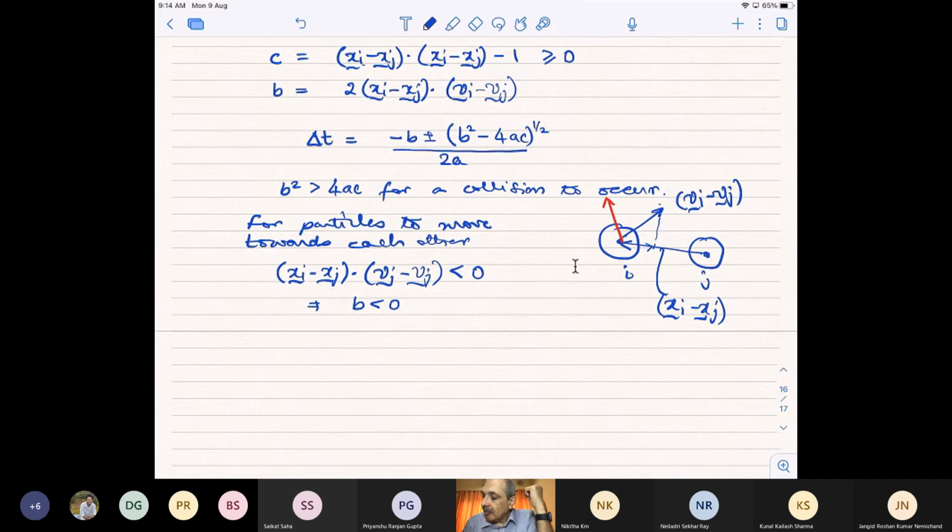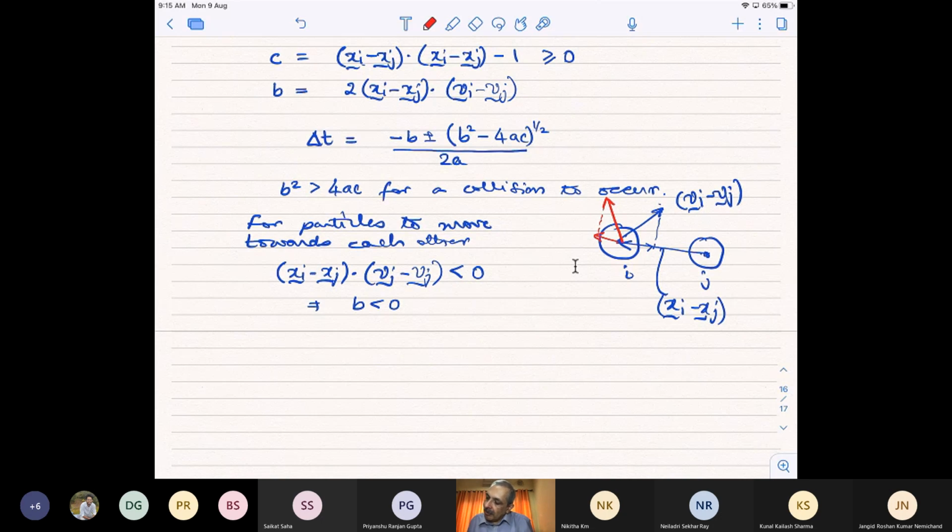If the dot product is positive, that is the red case, the particles are moving apart. If the dot product is negative, like the blue vector, then the particles will move together.